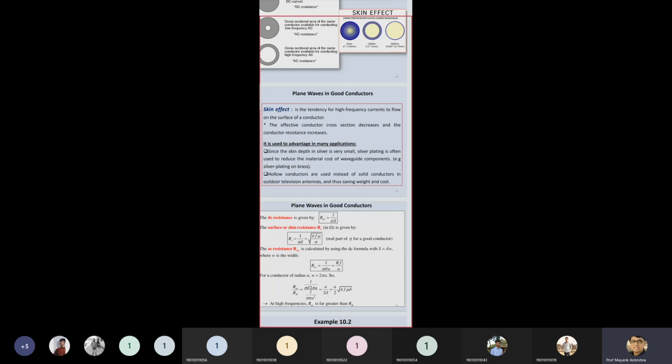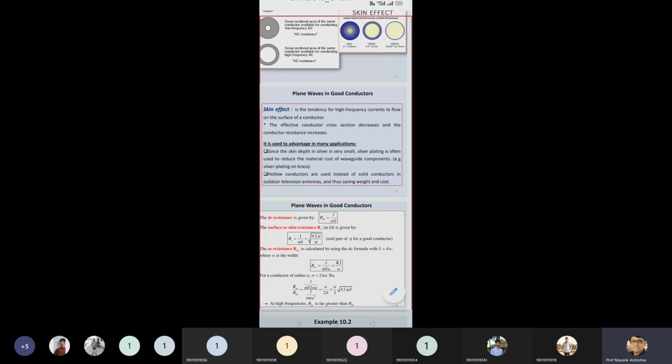R is equal to, how many of you know the equation of the resistance? R is equal to what? R is equal to rho L upon A. This is the generalized equation.